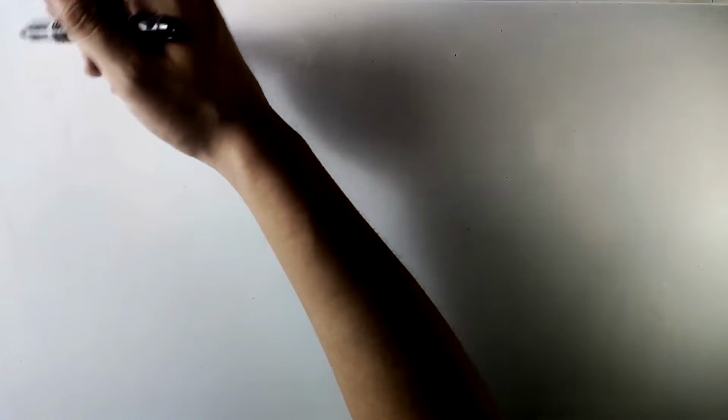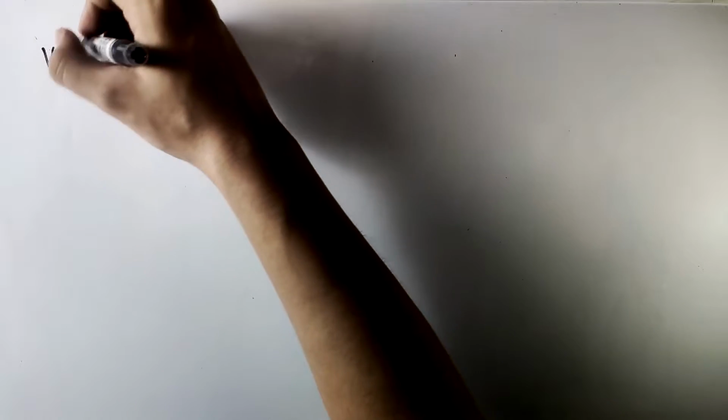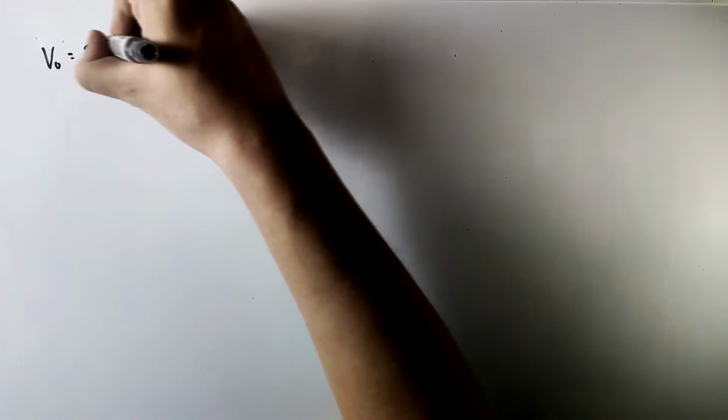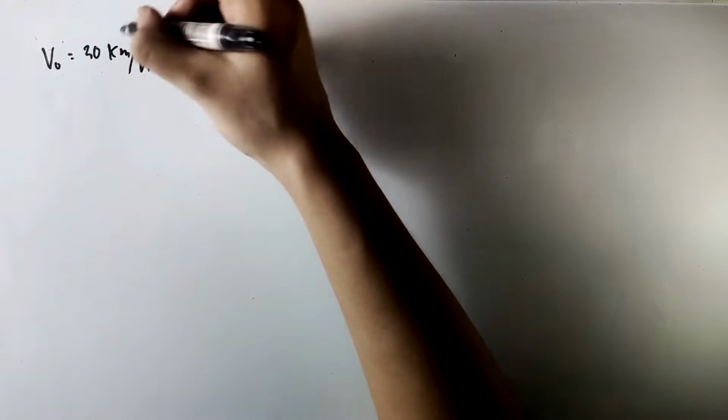Alright, for the second case, let's have the guided practice problem number 2. So let's write the given. According to it, steadily increasing your velocity. You're going to start from a certain velocity, which is 30 kilometers per hour.